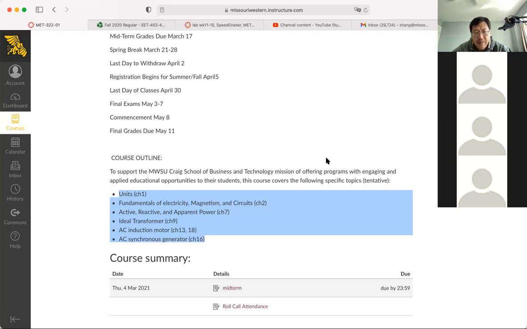So I can do both. What do you guys think? Do you want to only test the new materials or test the whole? Well, I don't mind either way. I just would like to see my midterm, because I know I missed several, but I don't know which ones they were.